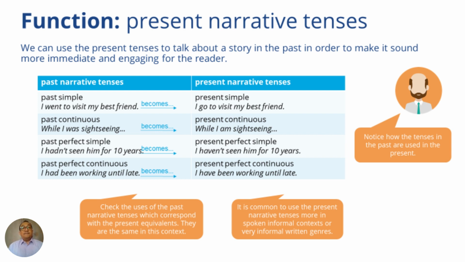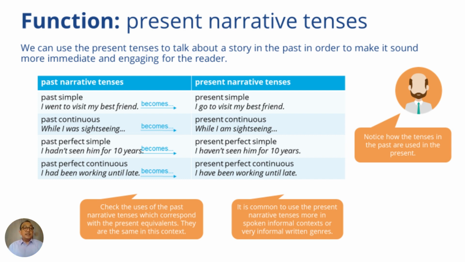So the past narrative tense is normally changed from the past simple into present simple, from the past continuous to the present continuous, from the past perfect simple to the present perfect simple, past perfect continuous to the present perfect continuous. So you can see it is not about direct speech or indirect speech, but normally it is just the use of the present narrative tenses.